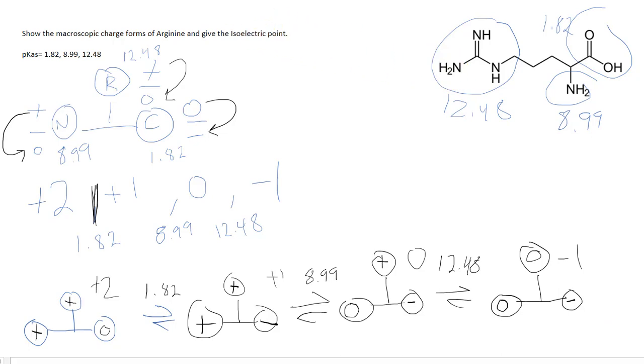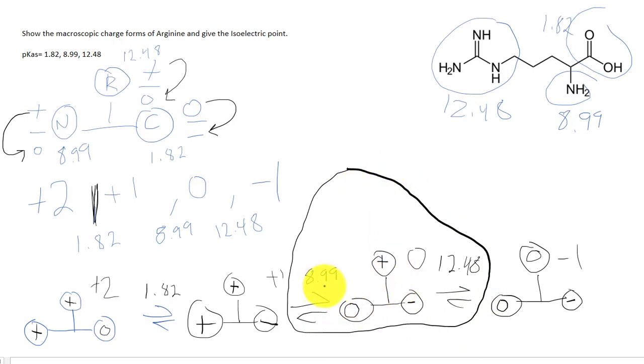This question is also asking us to give the isoelectric point. That is going to be the average of the 2 pKa's that are on either side of our 0 form. In the middle of this region between pH 8.99 and pH 12.48, we are going to get the maximum concentration of our 0 charged amino acid. So to find the isoelectric point, we plug into our equation: pI is the average, 8.99 plus 12.48 divided by 2.